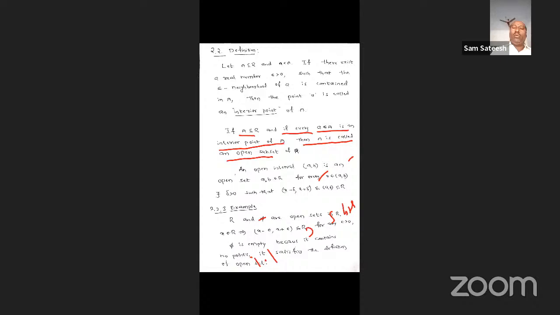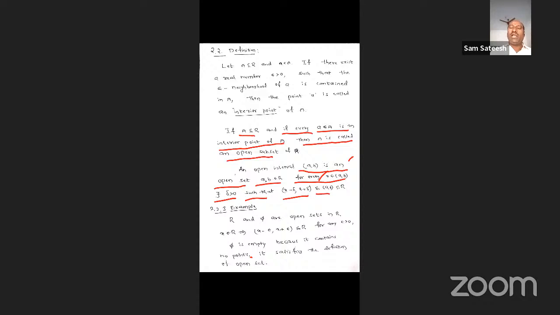Next one: an open interval (a, b) is an open set. (a, b) belongs to R. For every x belonging to (a, b), there exists delta greater than 0 such that (x minus delta, x plus delta) is a subset of (a, b), which is a subset of R. Here x minus delta is a and x plus delta is b.